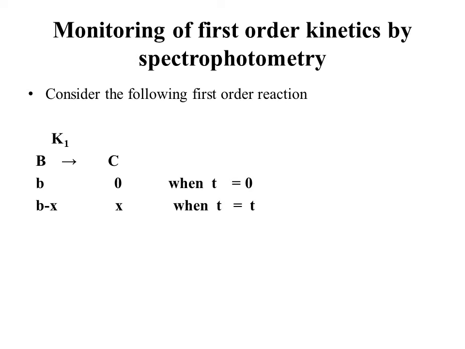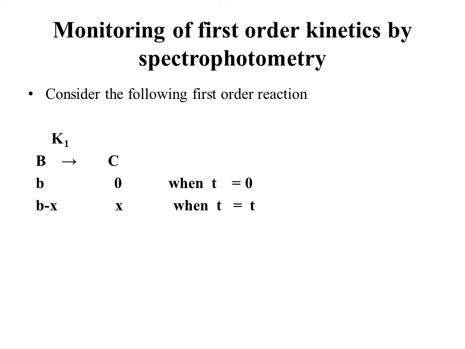Now once again, consider the following first order reaction. B is converted into C with the rate constant K1. Initial concentration of B is small b and that of C is equal to 0 when T is equal to 0.